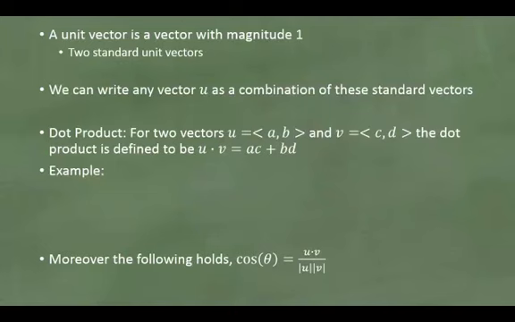A unit vector is a vector with magnitude 1. And there's two standard unit vectors. The vector i, which is just the horizontal component. So this is 1, comma 0.